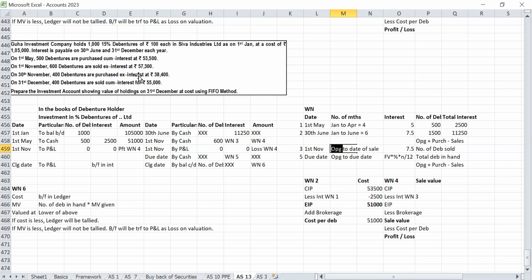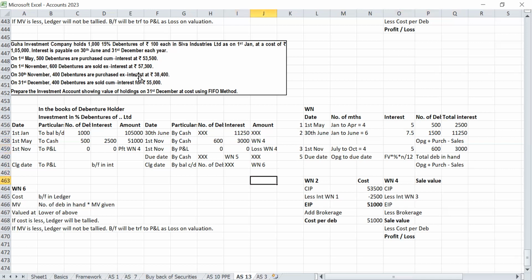So July, August, September, October, 4 months. Number of debentures sold? 600, sir. So by cash, 1st November, interest alone 3,000.